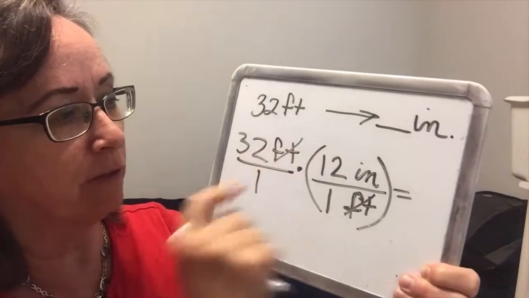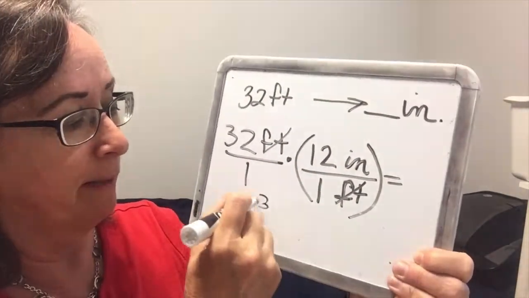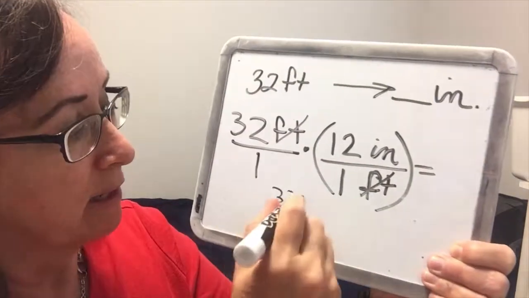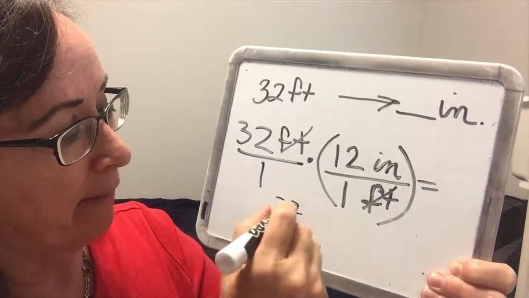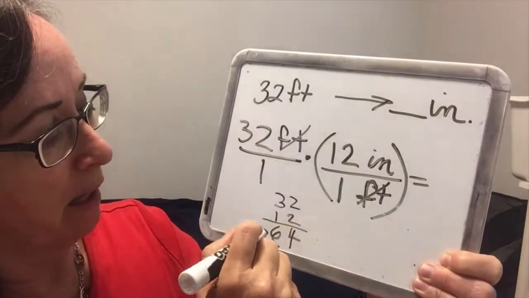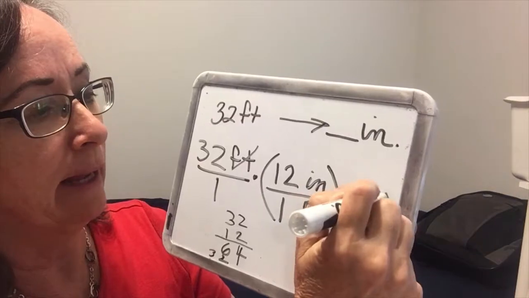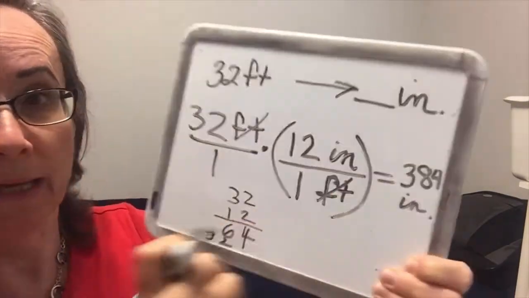So now all I have to do for my math is multiply 32 times 12. So nothing wrong with coming over here and multiplying on the side. So 2 times 2 is 4, and 3 times 2 is 6, and then I got a 32. And my answer is going to be 384. So 384 inches will be my answer.